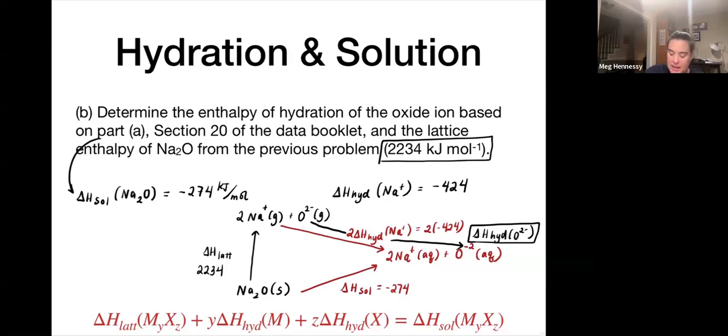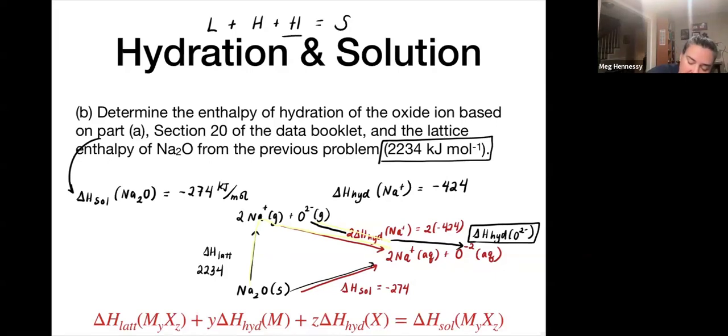One way is by looking at the formula at the bottom that reminds me that the lattice enthalpy plus the enthalpies of hydration of the anion and the cation are equal to the enthalpy of solution. So what I'm saying is if you add these steps together, you should get this step.